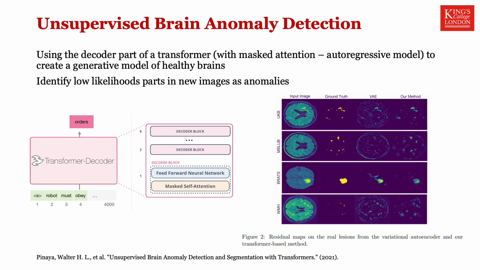So in the same way that the previous paper shown in the previous slide was using a transformer, the interesting thing about transformers is that they can model any sequence of tokens. So there was a paper that was published very recently, actually by a postdoc in our group, that was using transformers to detect anomalies in images.